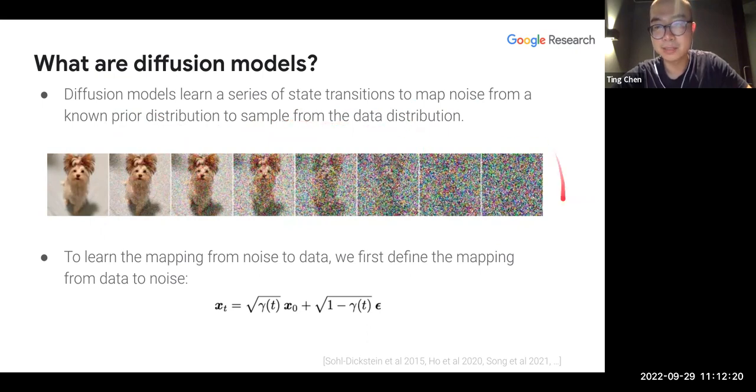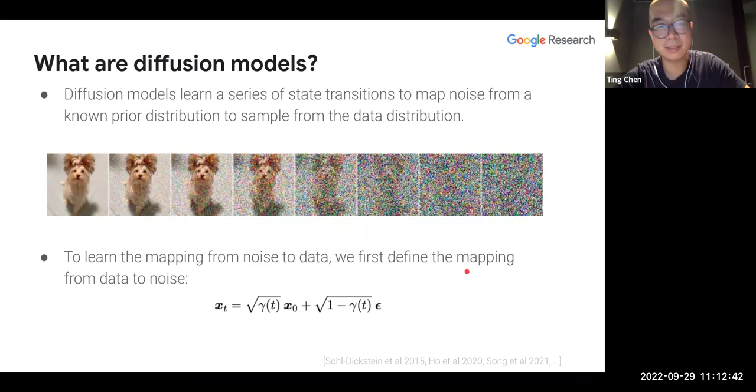For example, you can start with the noise and then gradually refine, and in the end you get a clean image back. In order to learn this mapping from noise to data, it's quite counterintuitive. How do you learn the mapping from noise to data?